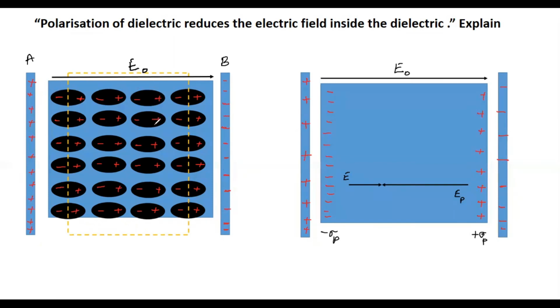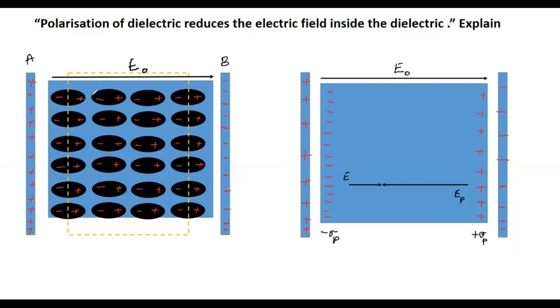It can be any dielectric, whether polar or non-polar, it doesn't matter. So when this dielectric is inserted in this electric field region, all the dielectric molecules will be aligned along the direction of electric field E naught.